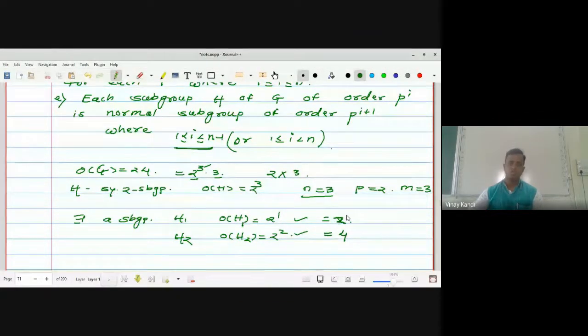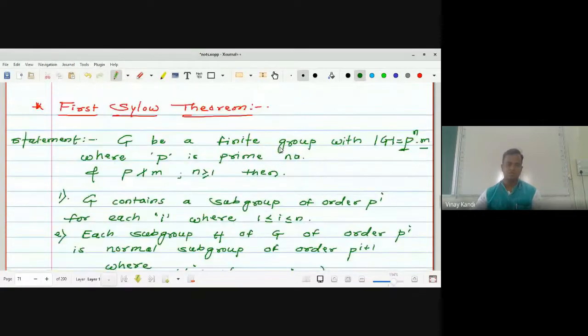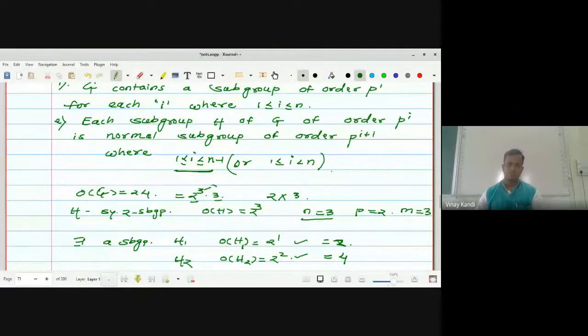That means if a group is of the order 2 raised to n into m, then that group will have such subgroups: the order of H1 is equal to 2, the order of H2 is equal to 4, that is 2 square. Where is i running from?